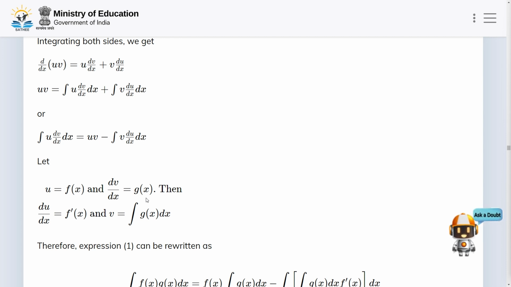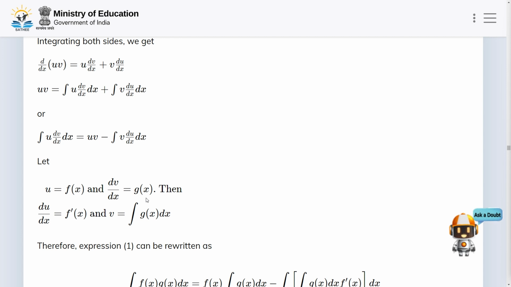As we already took u and v as functions of x, u can be rewritten in the form of f(x), and say v is equal to some h(x), where dv, if you differentiate h(x), will give you another function in terms of x, so you will get g(x).